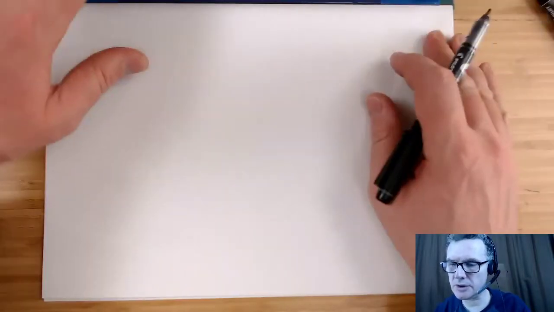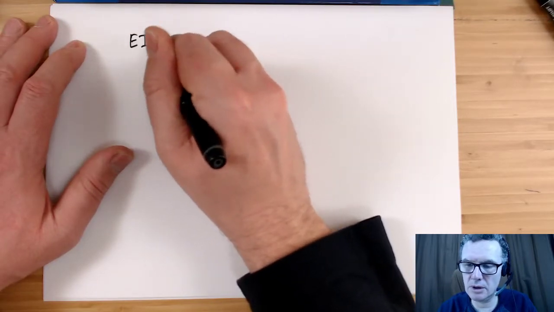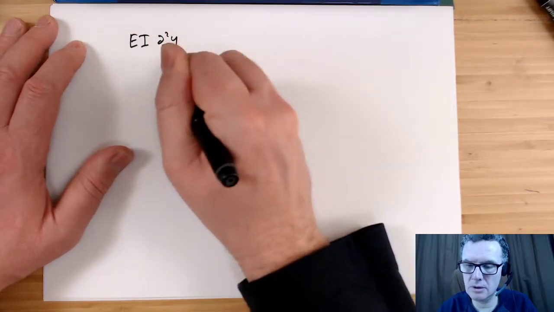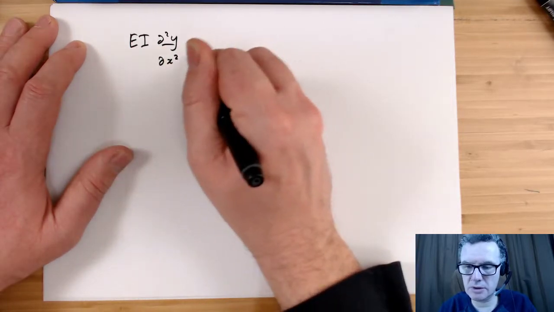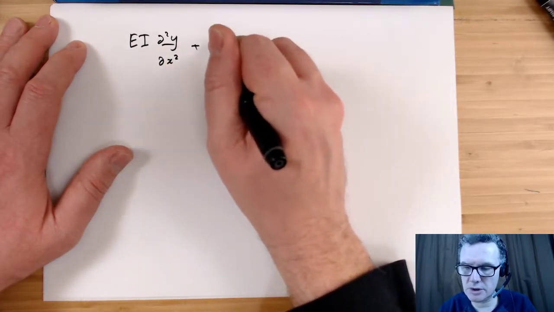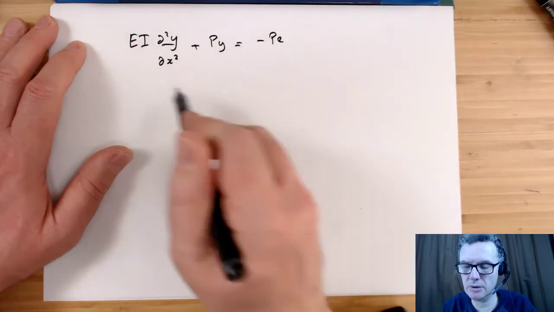So bring my y terms over to the left hand side: EI d squared y over dx squared plus Py equals minus Pe.